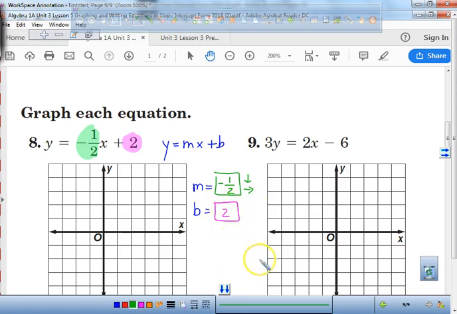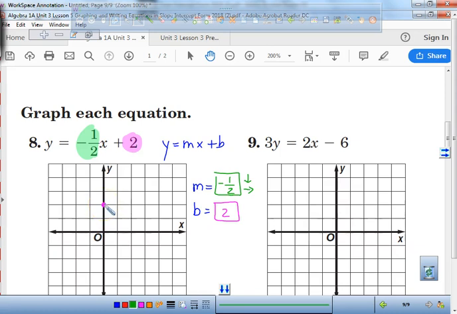So when I plot this, where am I going to start? Anywhere on the page? Where do I always start? If I have a chance to, where do I like to start? At the y-intercept, which is right here at a 2. It's on the y-axis right there. Now, from that point, what am I going to do?